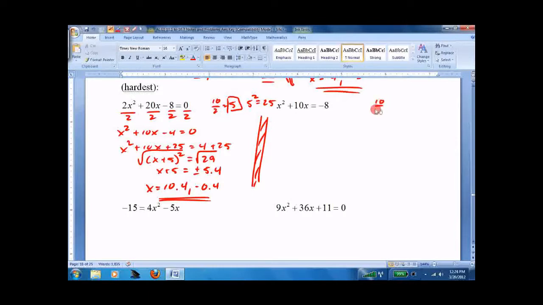Same thing over here. 10 over 2 equals 5. 5 squared equals 25.